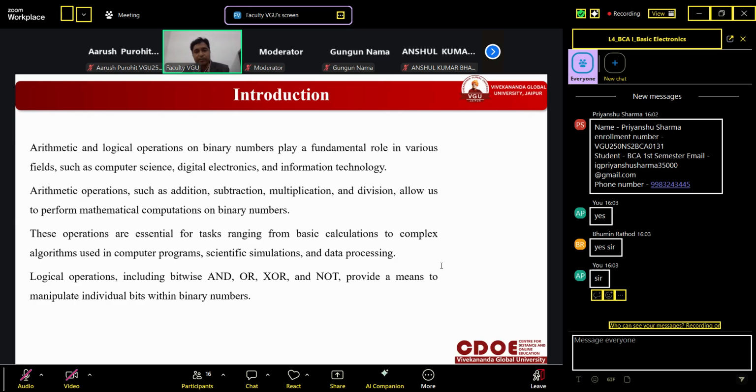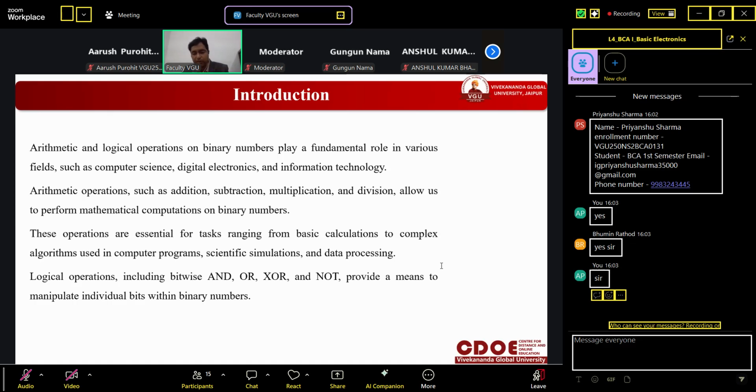If I give you any number and divide by a particular number, how can you divide it? Logical operation means we have studied logic gates, so those gates will be known as logical operations, like AND operation, OR operation, XOR operation, NOT operation. So how can we do these operations?